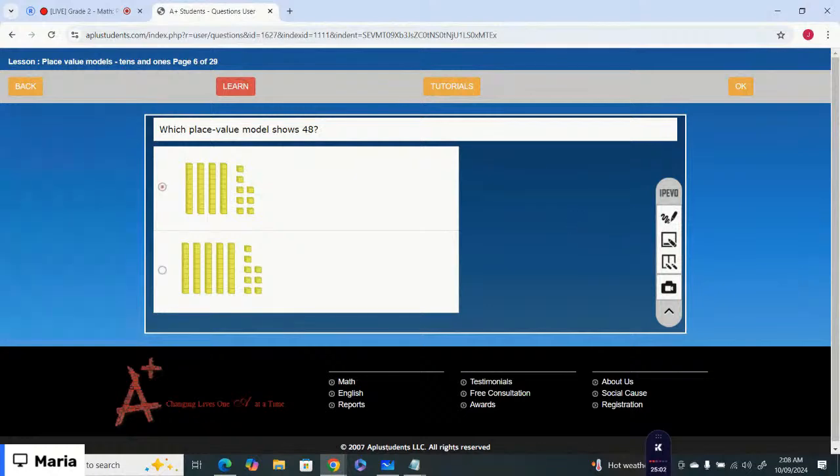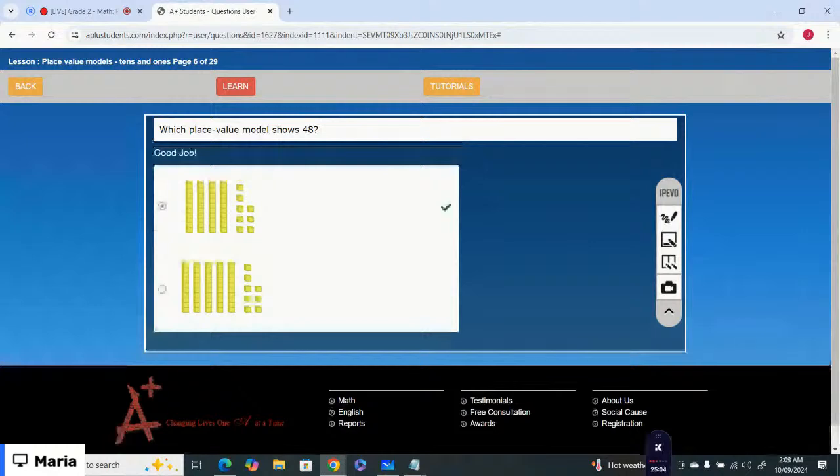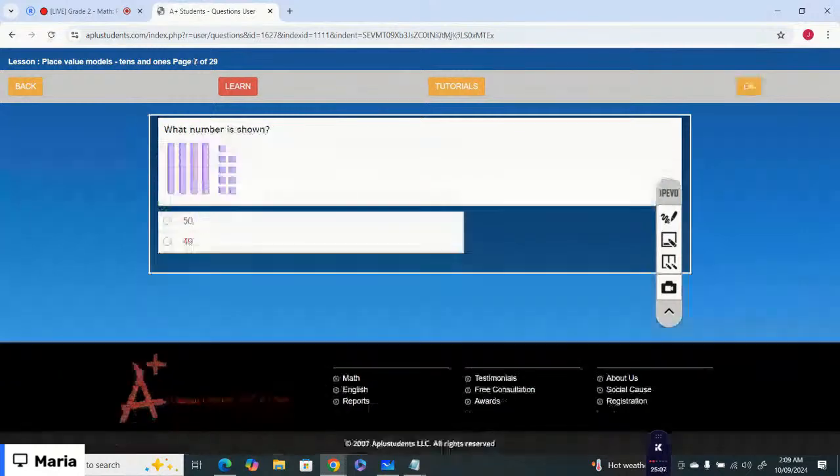Option number 1 is the correct option. What number is shown? Which is the correct option? 49. Option number 2 is the correct option.